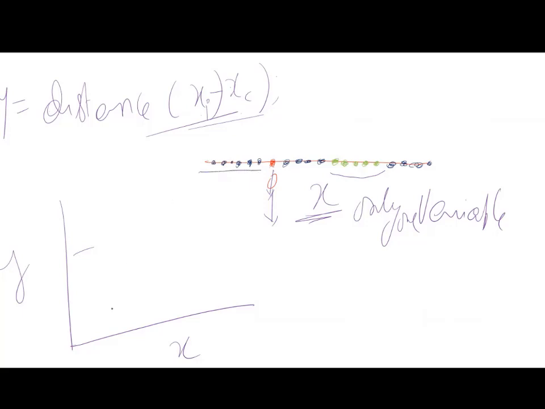These points will come like this, and our green points will come over here, and our other points will come again here.